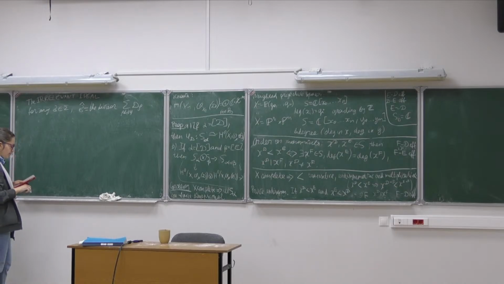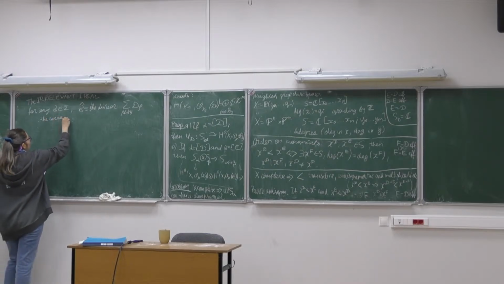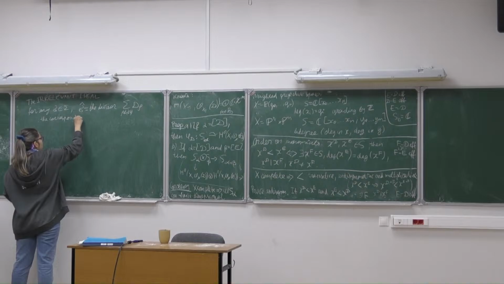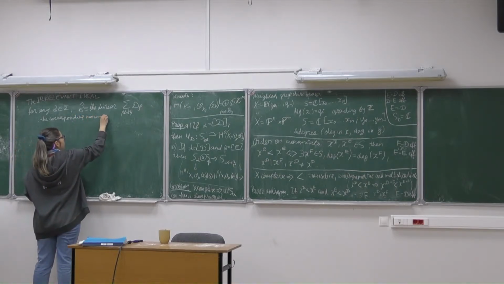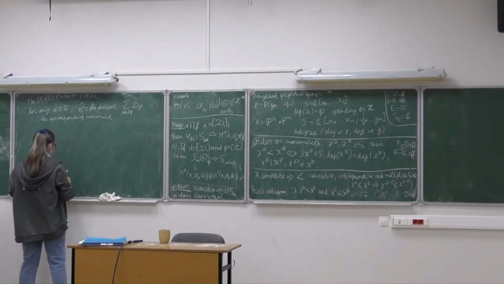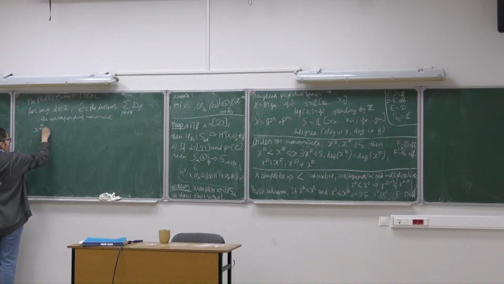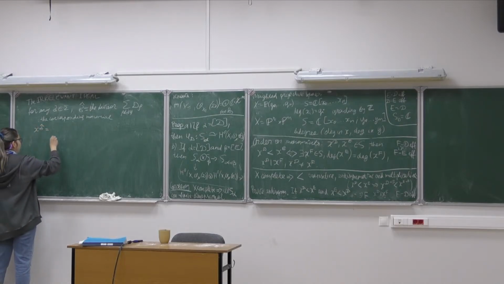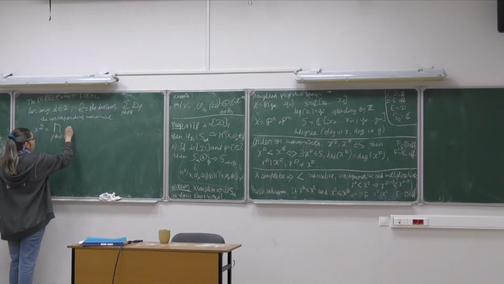And the corresponding monomial x sigma hat will be the product of these variables, the product for rho not in sigma, of x rho.